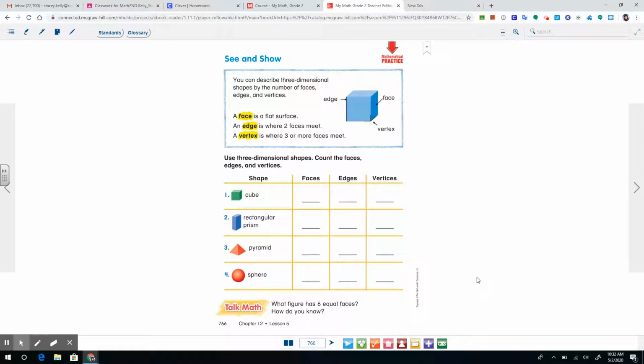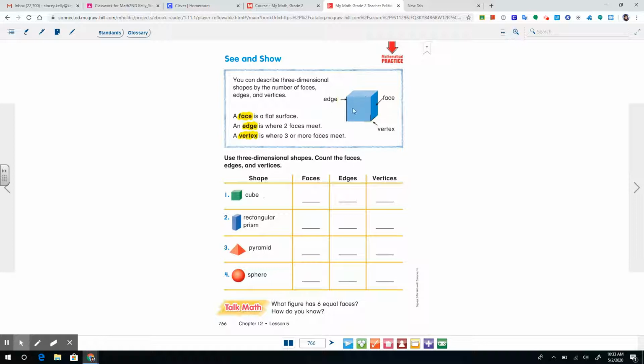Moving on to page 766 on chapter 12, lesson 5. It is the See and Show page. You can describe three-dimensional shapes by the number of faces, edges, and vertices. A face is a flat surface. An edge is where two faces meet.